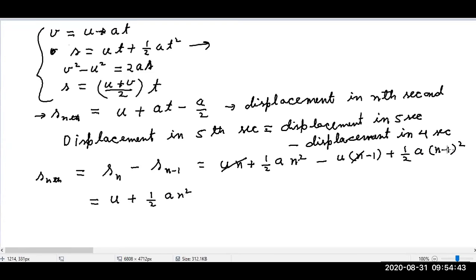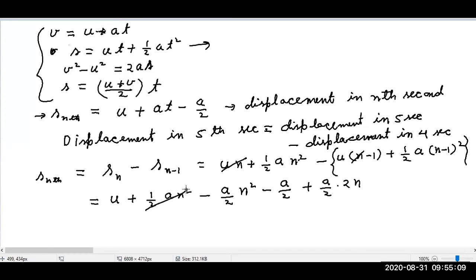If you expand the second term, it will be minus a by 2 n square minus a by 2 plus a by 2 into 2n.